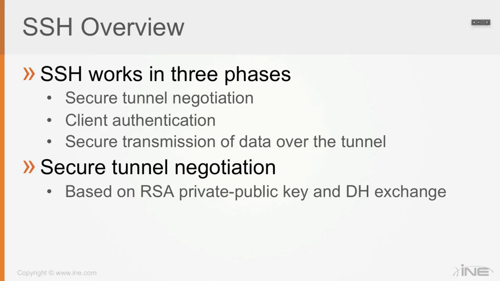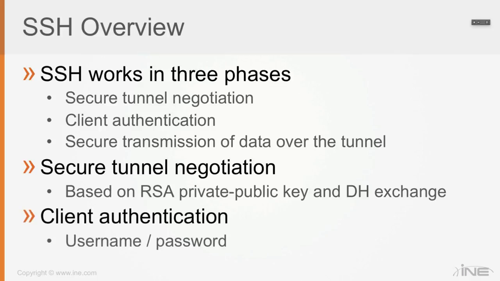But in the end, also in this case, the tunnel negotiation happens by using RSA private-public key pairs and the Diffie-Hellman exchange. Then client authentication is done via username and password. So SSH requires username and password authentication; it doesn't support just password authentication.